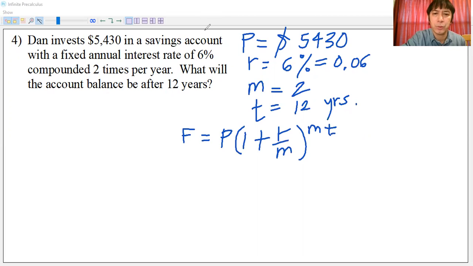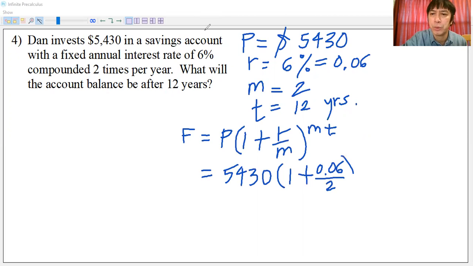Okay, so this will be 5,430 times the quantity 1 plus 0.06 over 2, the number of compounding periods, raised to the product of M and 12. That should be 2 times 12, that should be 24. So we have 0.06 over 2, that must be 0.03.